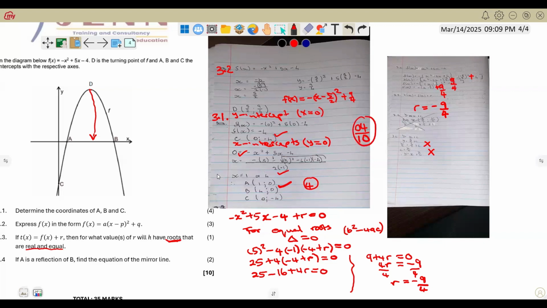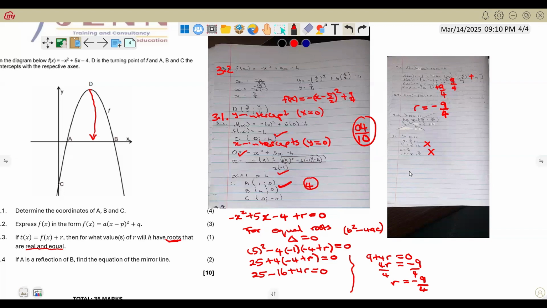They are x-intercepts. So you have to know that on a parabola, x-intercepts reflect each other along the axis of symmetry of a parabola. How do you get the equation of the axis of symmetry? You just have to know the x coordinate at the turning point. Is that clear?